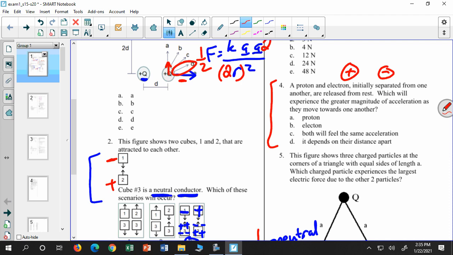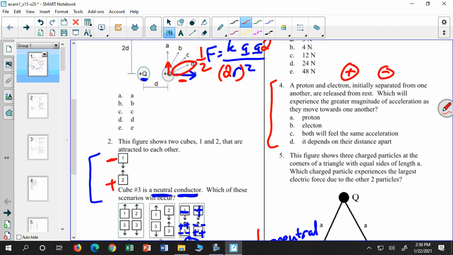Now, remember Newton's third law. Newton's third law is every force has an equal and opposite force. We talked about that with regards to Coulomb's law. But which one will feel the greater acceleration? Both will feel the same acceleration because you're thinking they both have the same force, right? If I have my proton and electron, they're both going to move together like this.